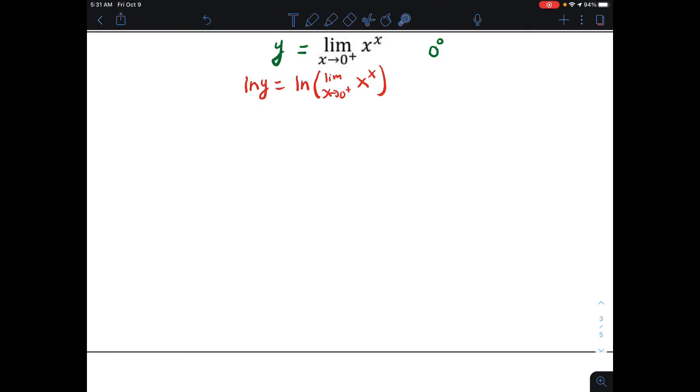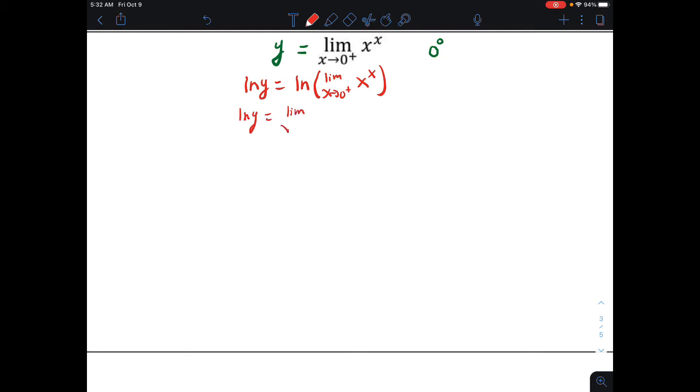Now, we're applying the ln function to this limit. Well, we're looking at x approaching 0 from the right-hand side. The natural log function is continuous as x heads towards 0 from the right side. It's defined everywhere, just not defined at 0. But it's defined everywhere as we come at 0 from the right. So I can take that natural log and apply it inside of the limit.